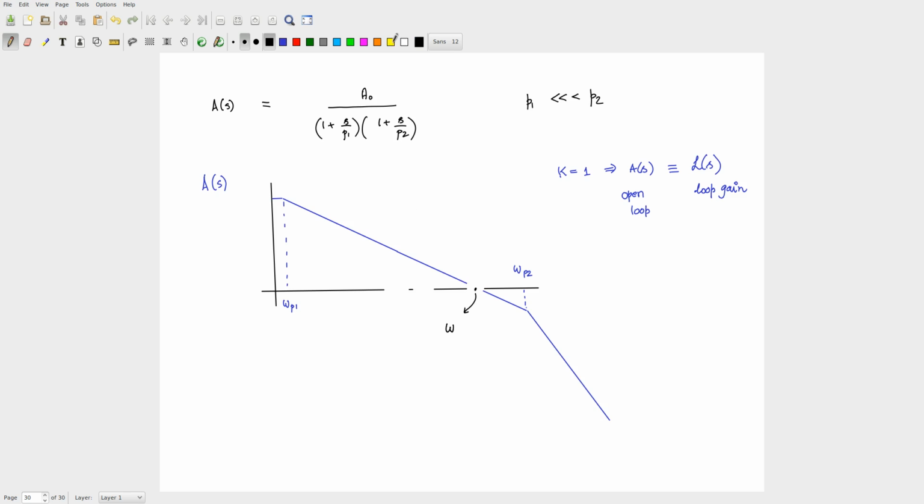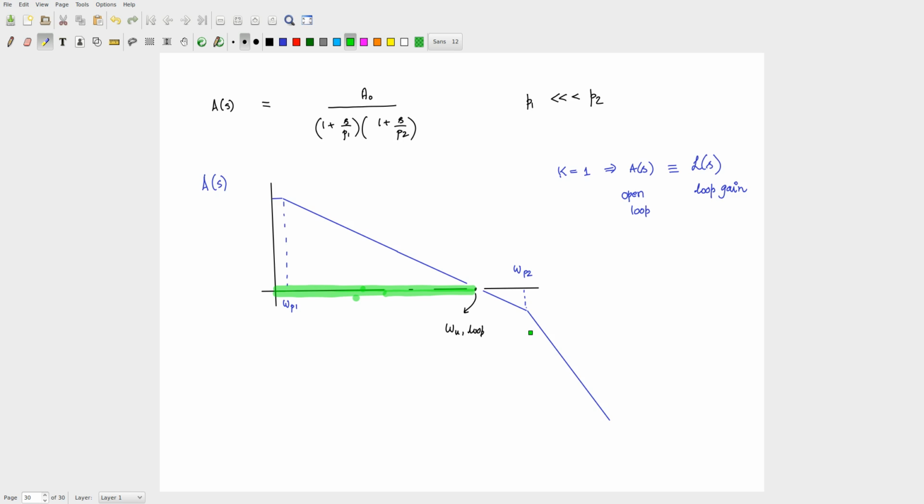So, we said that feedback actually operates only when the loop gain is greater than 1, right. So, that is in this region. So, this green region is your frequency range of interest. Beyond that, there is no feedback, right. That means you will only get the open loop function. So, you are going to actually operate only in this region.